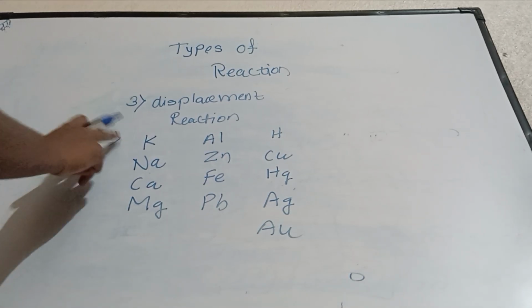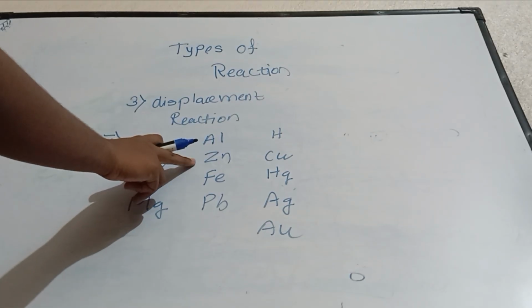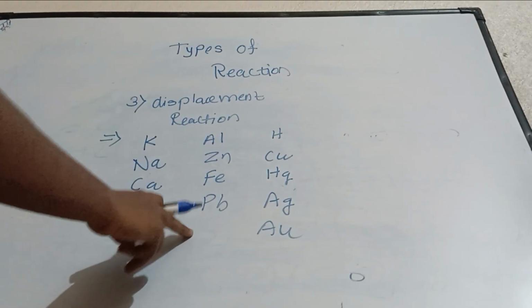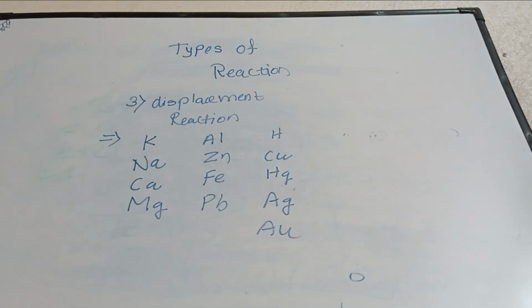K, Na, Ca, Mg, Al, Zn, Fe, Pb, H, Cu, Hg, Ag, Au. For this you have to know the symbols of the elements.